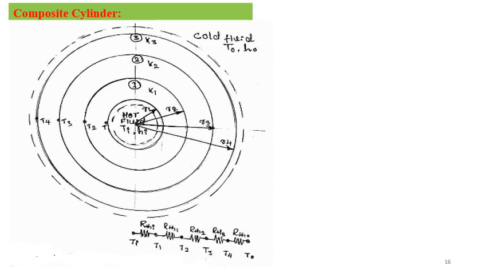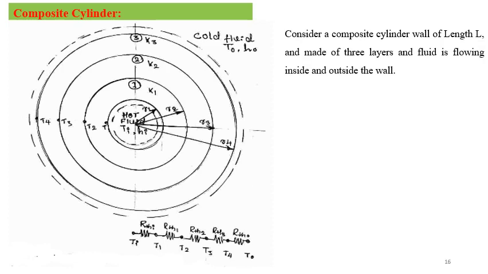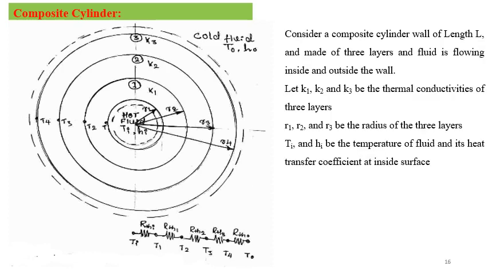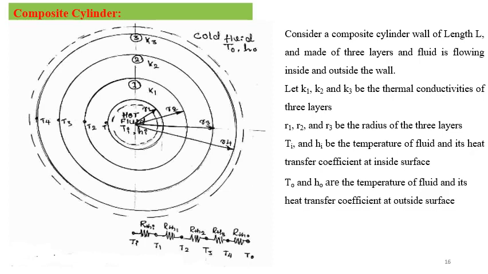So you can write the thermal resistances for this: Rth i, Rth1, Rth2, Rth3 and Rth0, between Ti and T0, with T1, T2, T3, T4 as the interface temperatures.